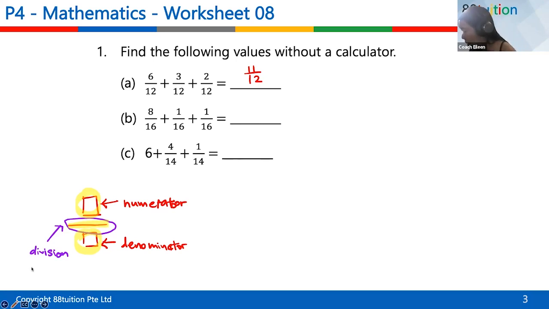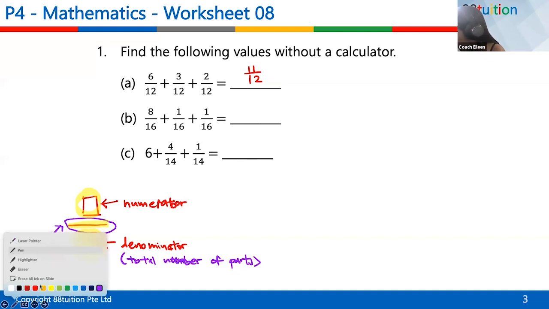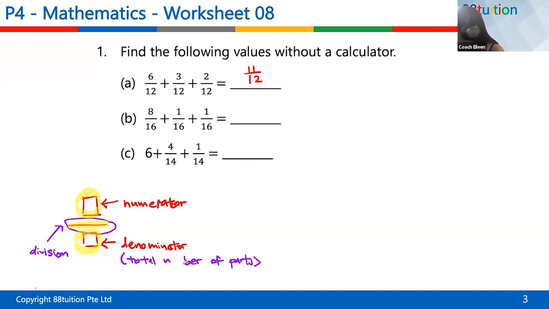This is also the same as my total number of parts. Right, because it's very untidy.